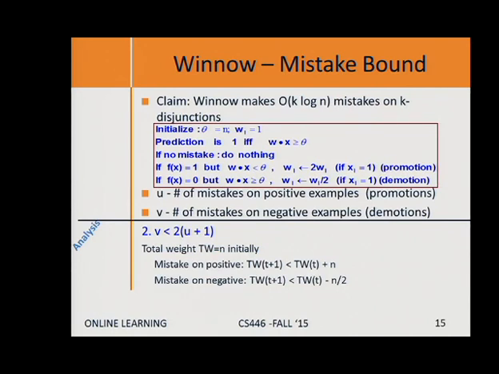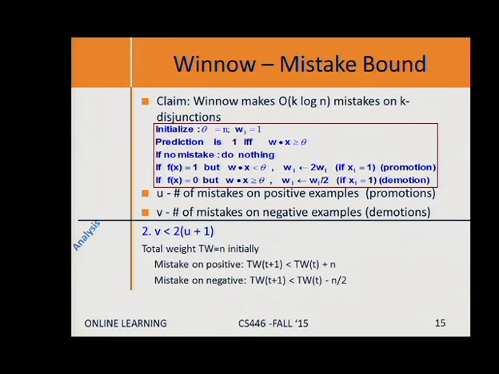When I divide it, I subtract at least n over 2. So if I subtract n over 2 from where I was, I'm still greater than where I'll be after the update. Because I subtracted more than n over 2, for sure. Otherwise, it wouldn't have been a mistake.